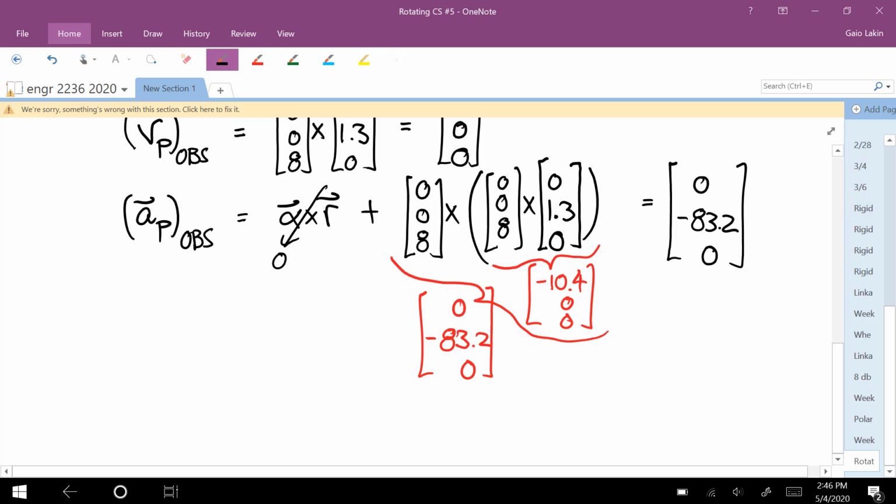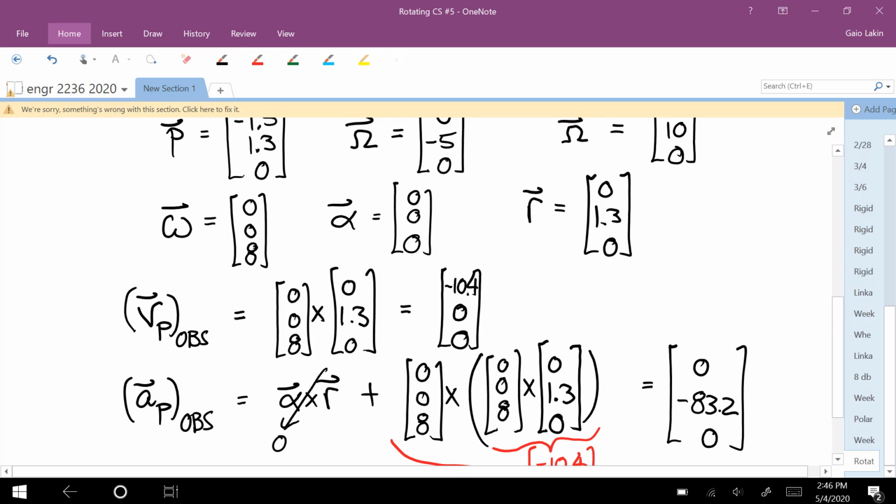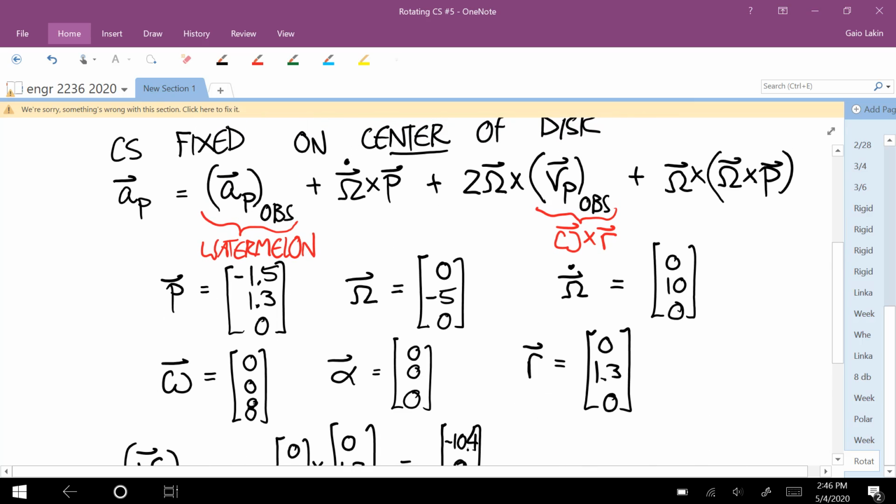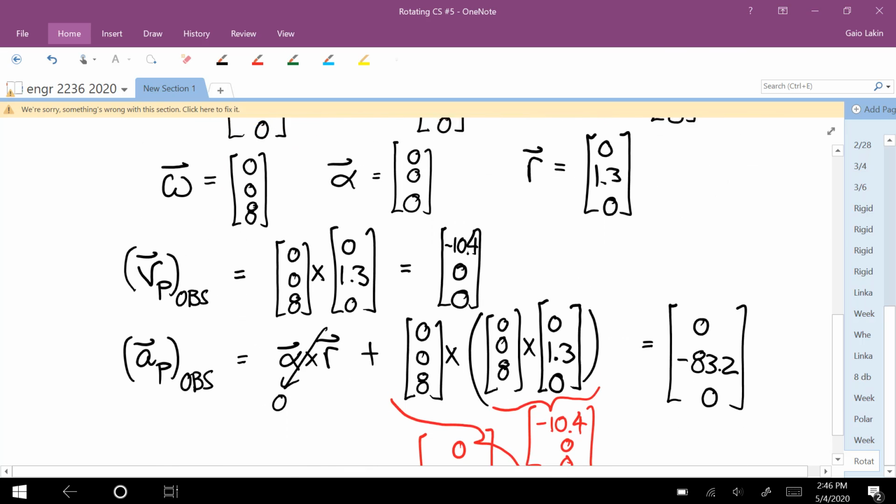Okay, and so we have observed velocity, observed acceleration. We still need, well, now we can just start filling this stuff in, I think.